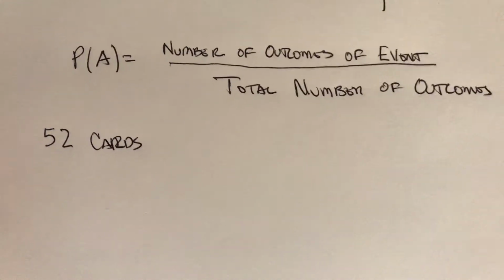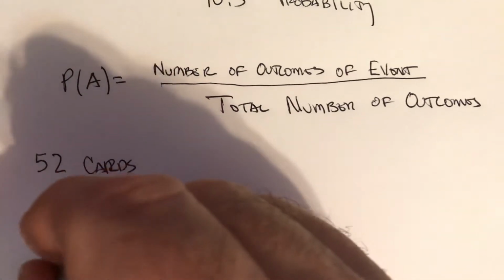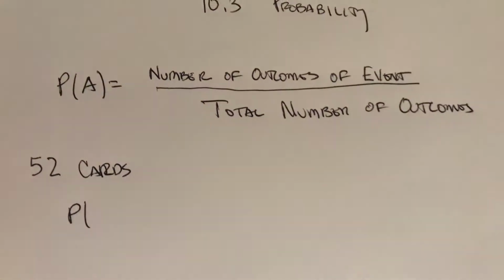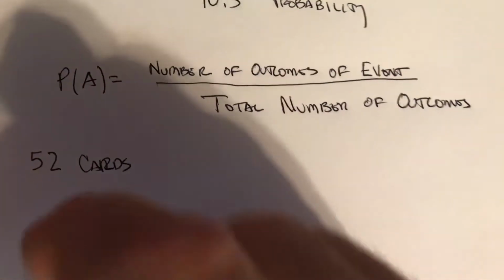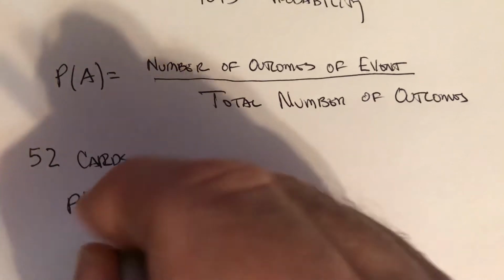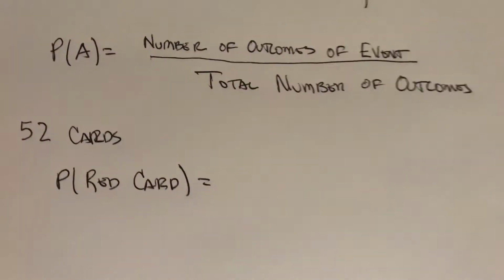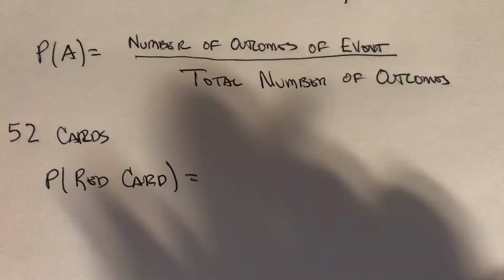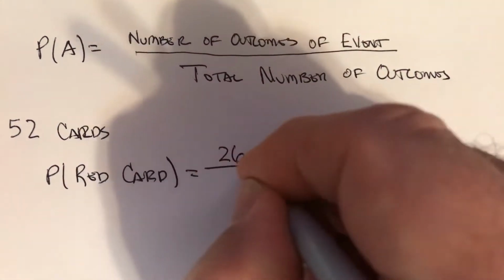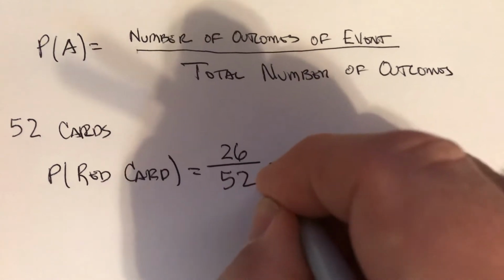Okay, let's say I want to calculate the probability of selecting a red card. Well, in a standard deck of cards, 26 of them are red, out of a total of 52 cards.